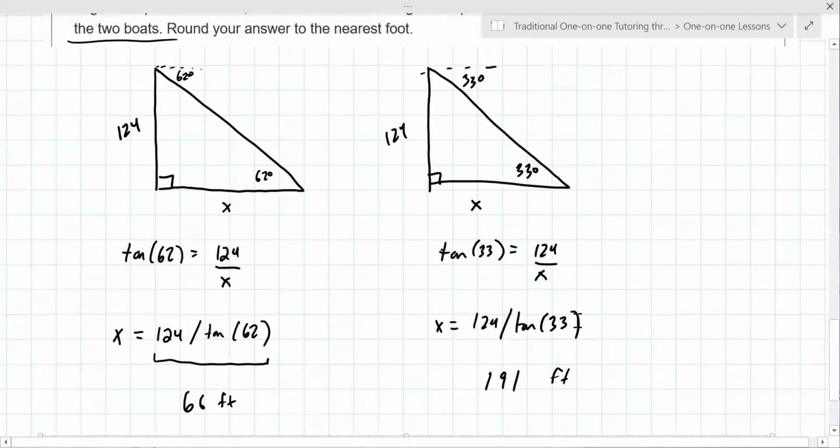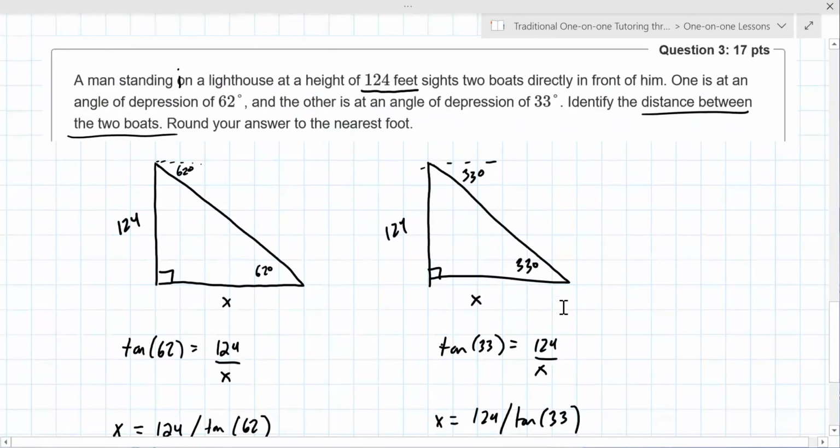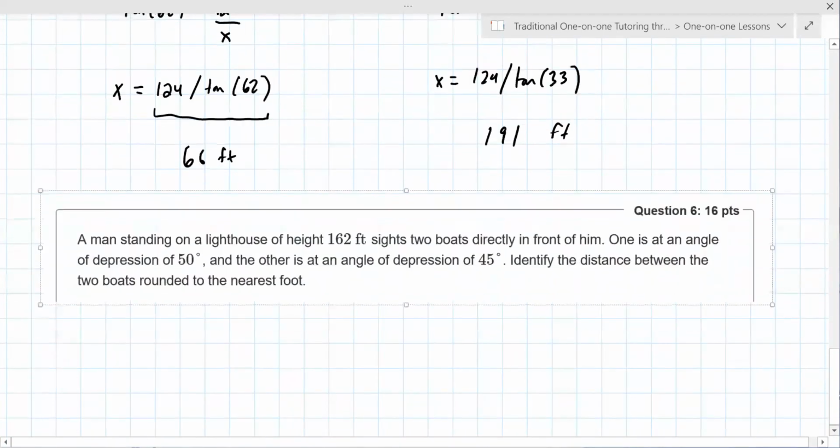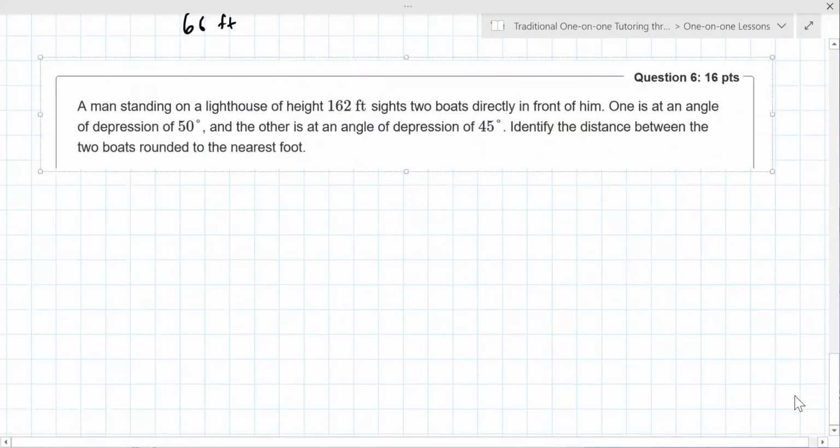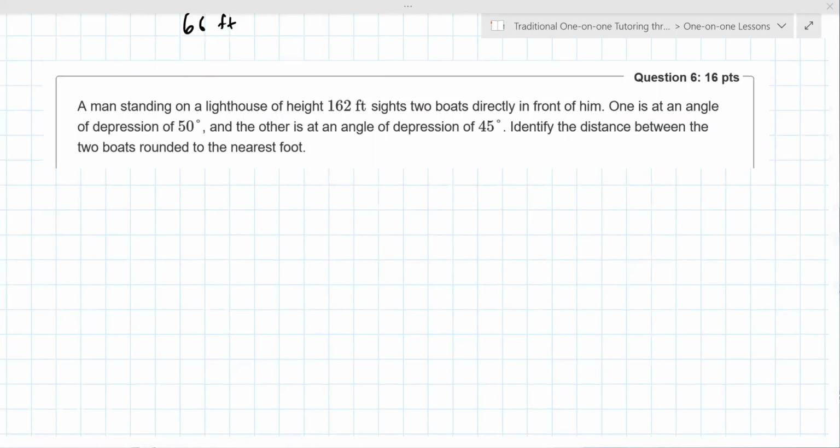Do you want to get the notes down for this, or do you just want to move on to the next question? Let's move on. Okay, so I'll let you work on this one on your own. It's exactly the same, just different numbers. Take a couple minutes to work through that, and we'll move on to the next section.